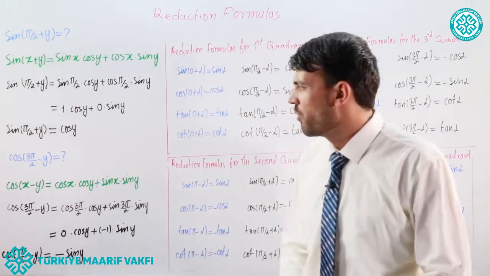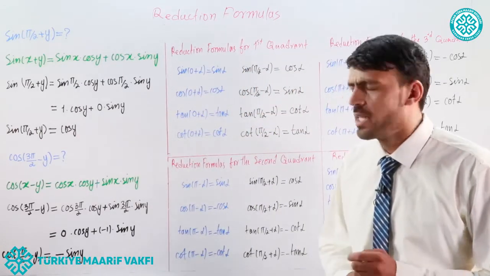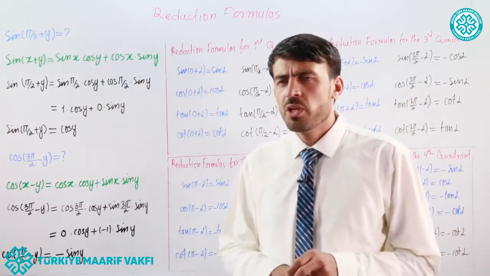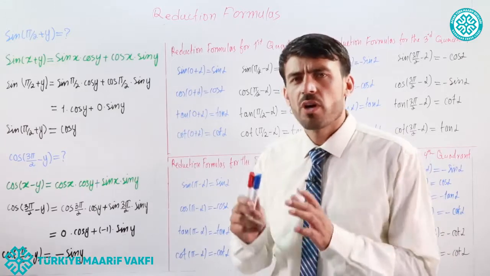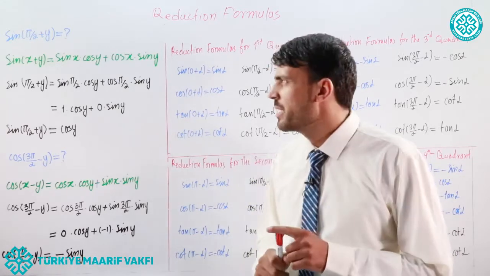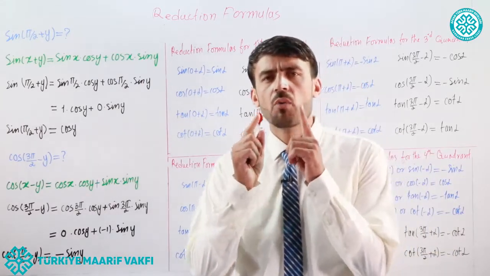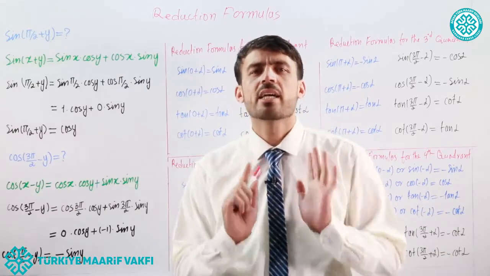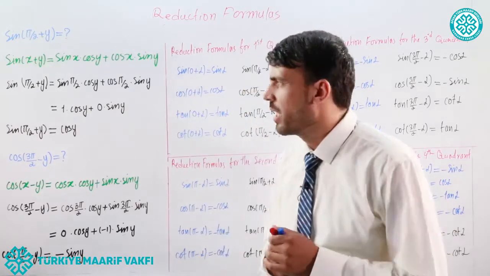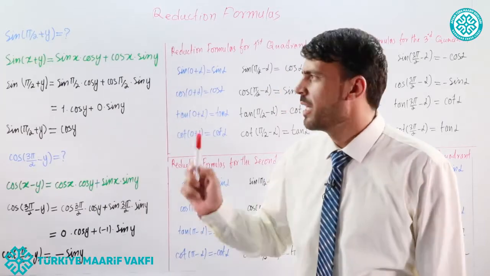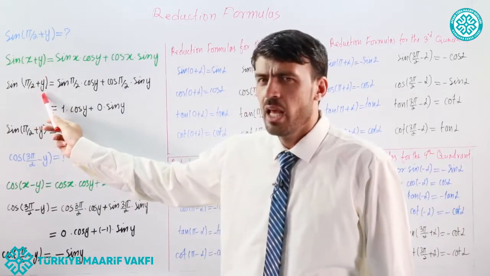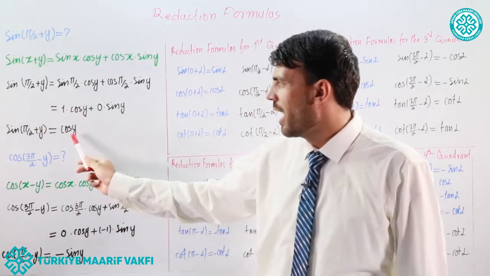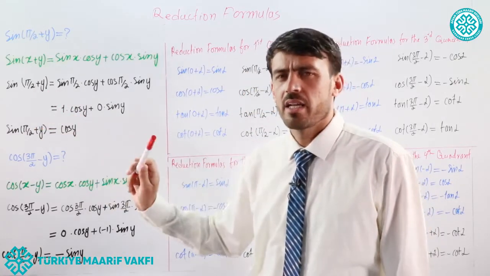So from these two examples, we know how to write the sum or difference of a quadrantal angle and a variable angle as a single angle.